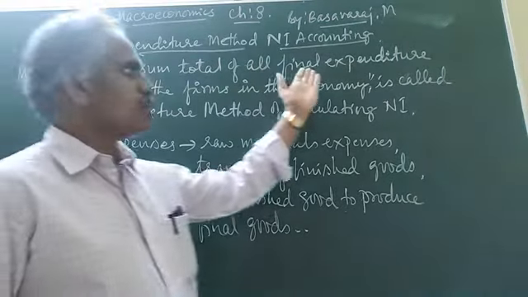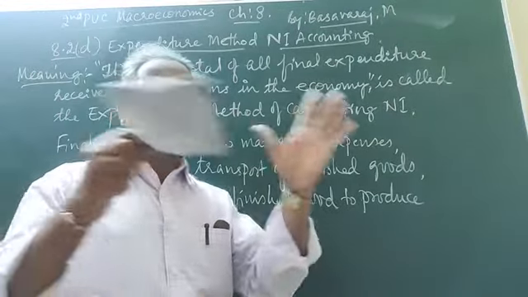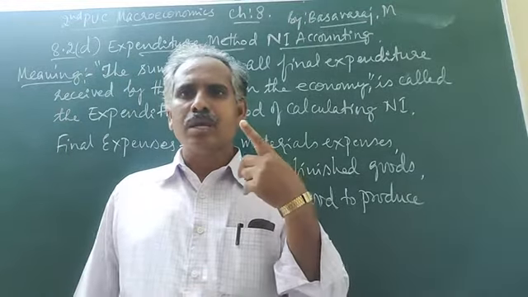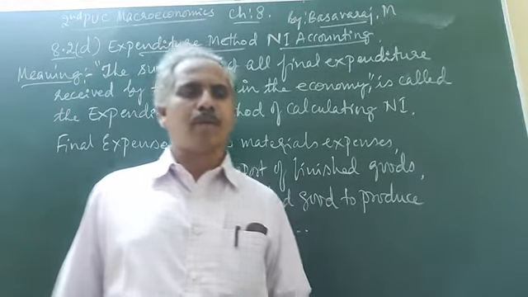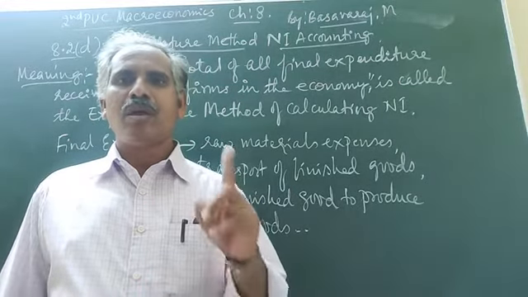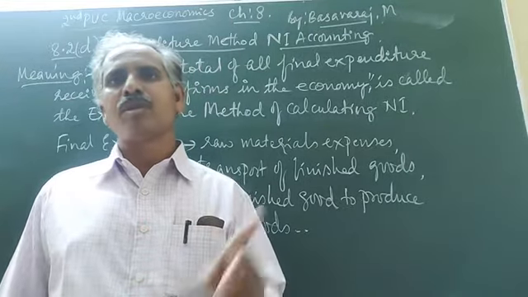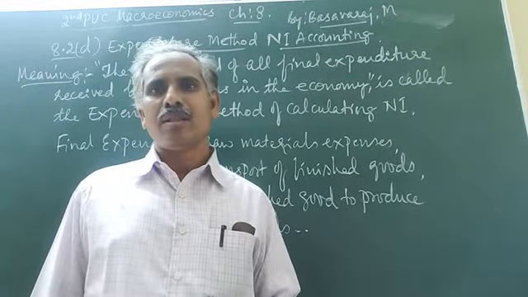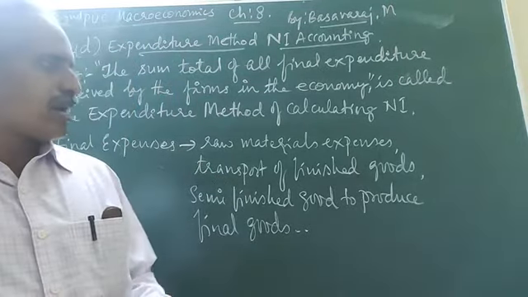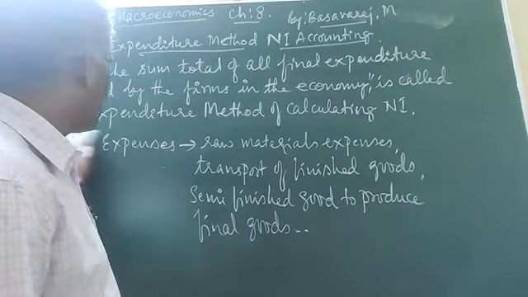That final expenditure made by all the firms in the economy, taken together, is nothing but the expenditure method. That's why the expenditure method is the method in which all final expenses made by the firms in producing the final goods during one year in a country is called expenditure method.